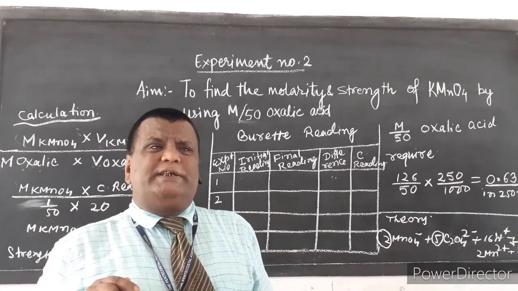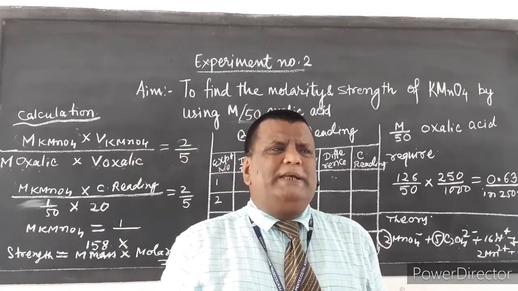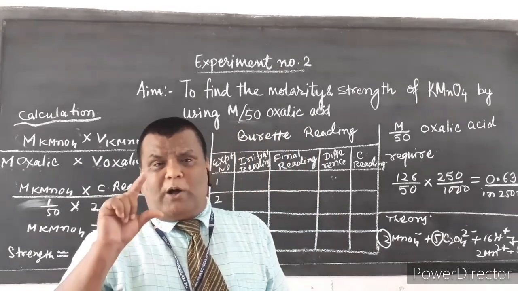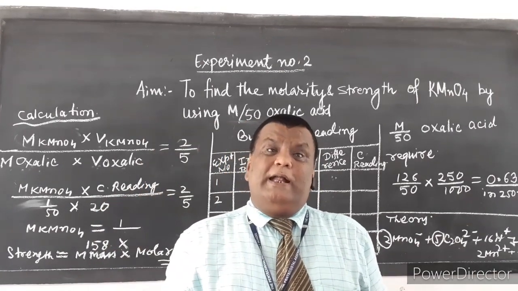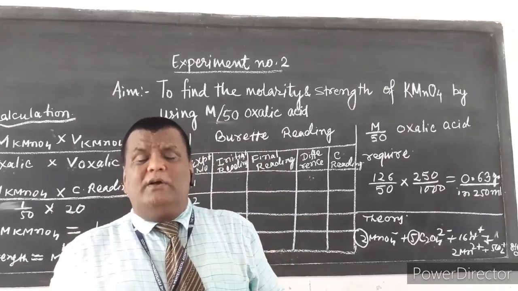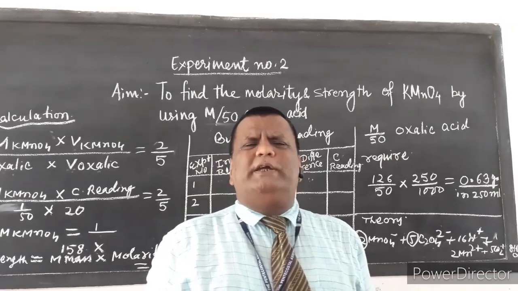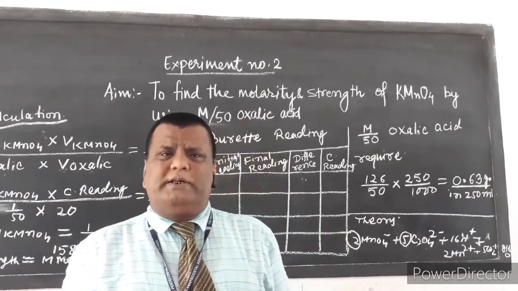Since this experiment is done in acidic medium, please add 1 test tube of dilute H2SO4 to the oxalic acid. And this is oxalic acid, so it requires heating. Please do not forget to heat the solution to 60 to 70 degrees C.